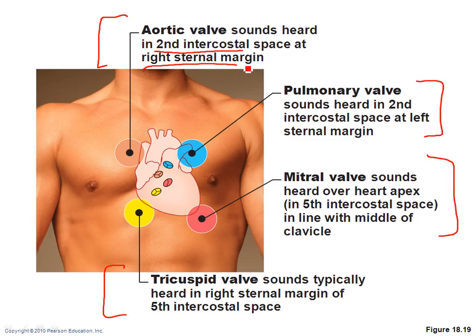As another example, the mitral valve, or your bicuspid valve, is over on the left-hand side of the heart. If you place the stethoscope in the fifth intercostal space, between your fifth and sixth ribs, in line with the middle of the clavicle, according to these instructions, you're specifically hearing the closure of the mitral valve.